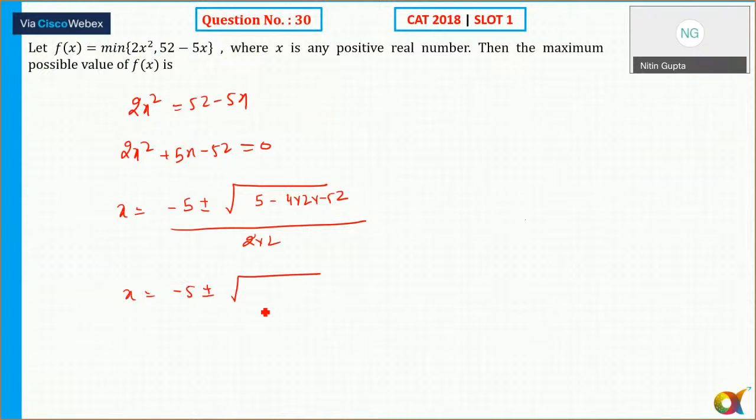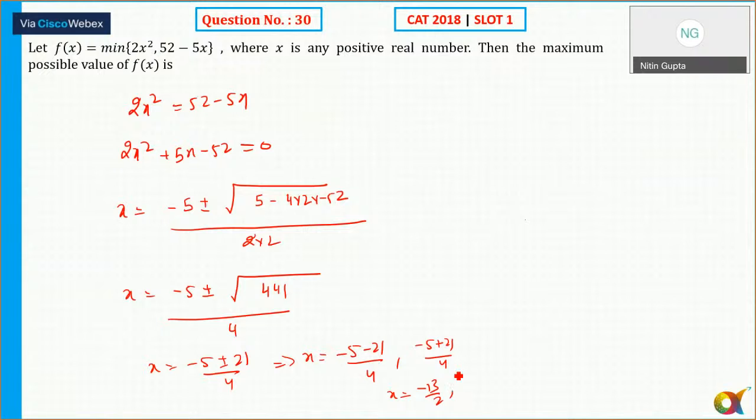It comes out to be 441 by 4. So x is equal to minus 5 plus minus 21 by 4. So x is equal to minus 13 by 2 or 4, and that is the intersection of these two.